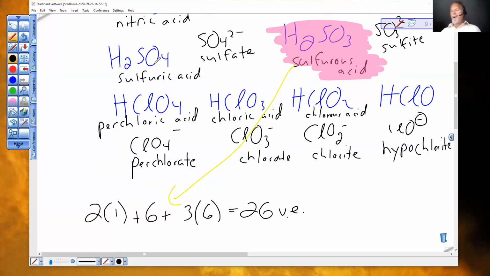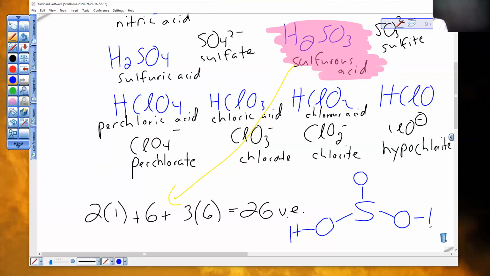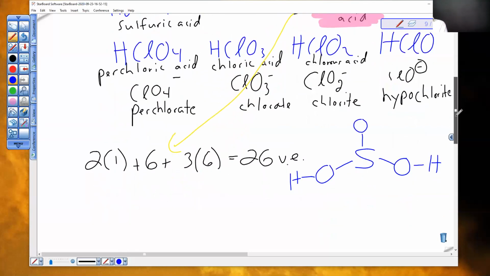These are oxyacids. So you put the sulfur in the middle, surrounded by no less than 3 oxygens. And you pick 2 of the oxygens to have the hydrogens. Remember, we like shooting for symmetry. It helps us out with Lewis structures.